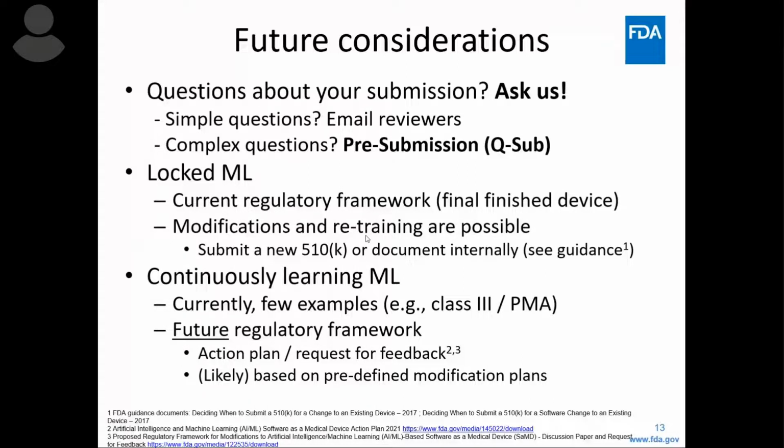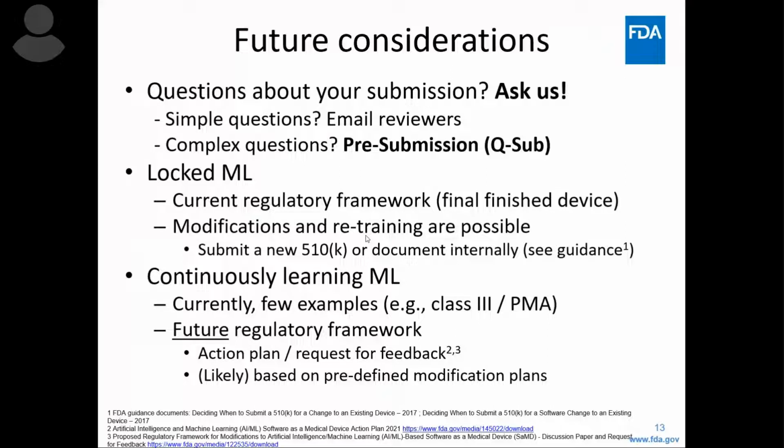There is an updated action plan published a few months ago. Basically, it's possible that in the future we will have a way to predefine some modification plans, and as long as we stay within that, you may be able to do continuous learning and continuous improvement. That's the future. Right now, that's not possible.